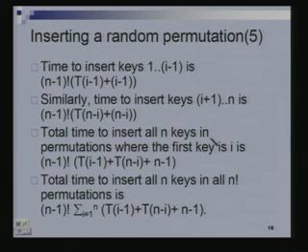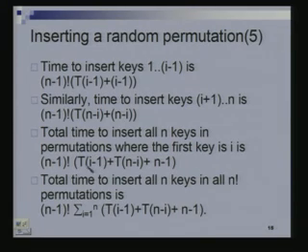So, the total time to insert all the n keys then is just the sum of these two quantities, and this is the total time over all the permutations in which the first key is I still. So, it is this quantity. What is the total time to insert all the n keys in all the n factorial different permutations?